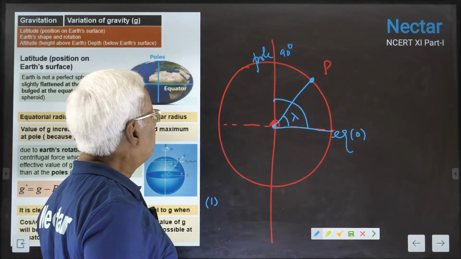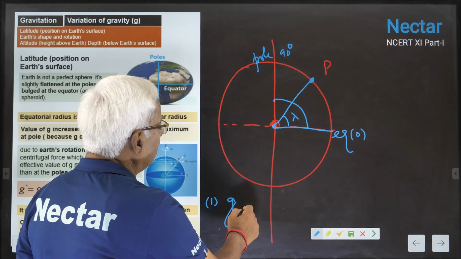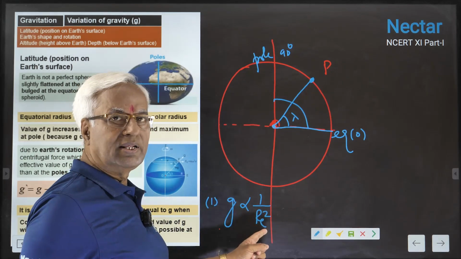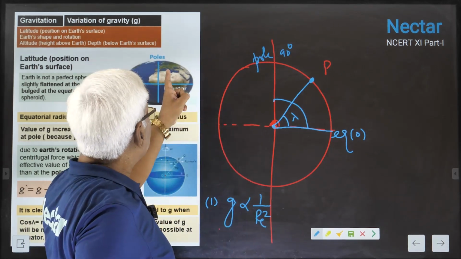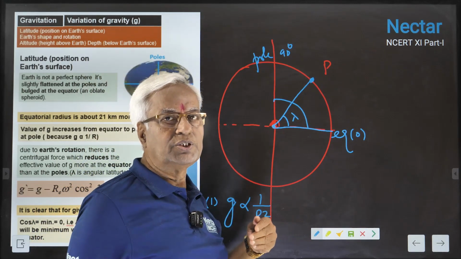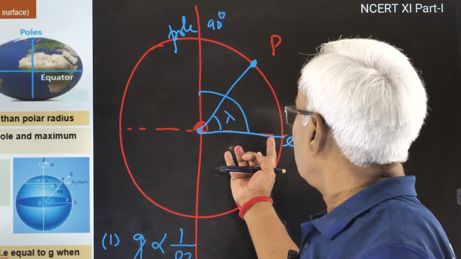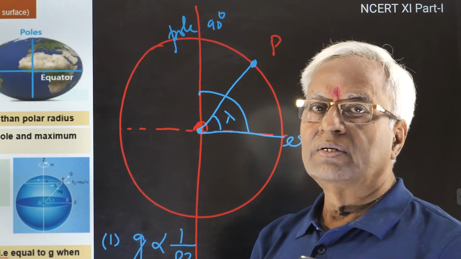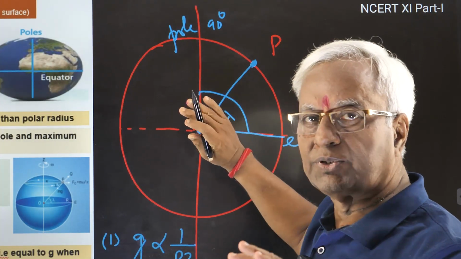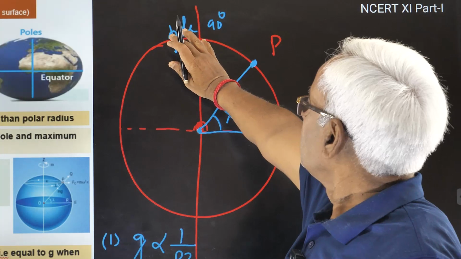It's obvious that the polar radius is smaller, and since you know the value of g depends on the square of the radius, the radius is less here, so obviously the value of g would be greater, and at the equator the value would be less.